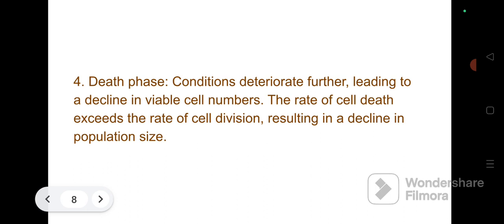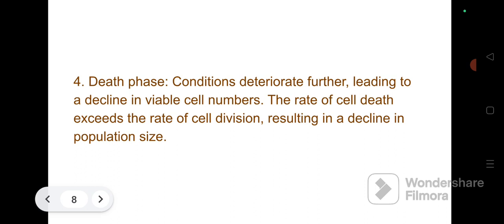When a bacterial cell metabolizes different nutrients, it may lead to a decrease or increase in the pH, and that pH may not be suitable for the growth of the organism. So accumulation of toxic components and change in the pH are the factors which affect the growth of bacteria.